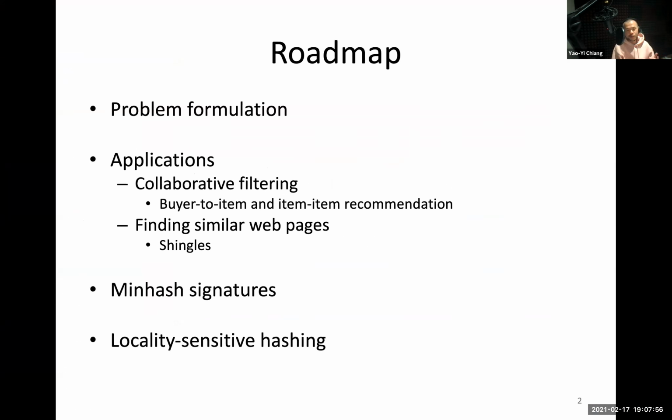I'm going to tell you the problem and the application. Most importantly, we are going to focus on 2 algorithms, MinHash and locality sensitive hashing. These are 2 very, very cool algorithms, and you are going to use them to build your recommendation systems for your assignment 3 and the final project.